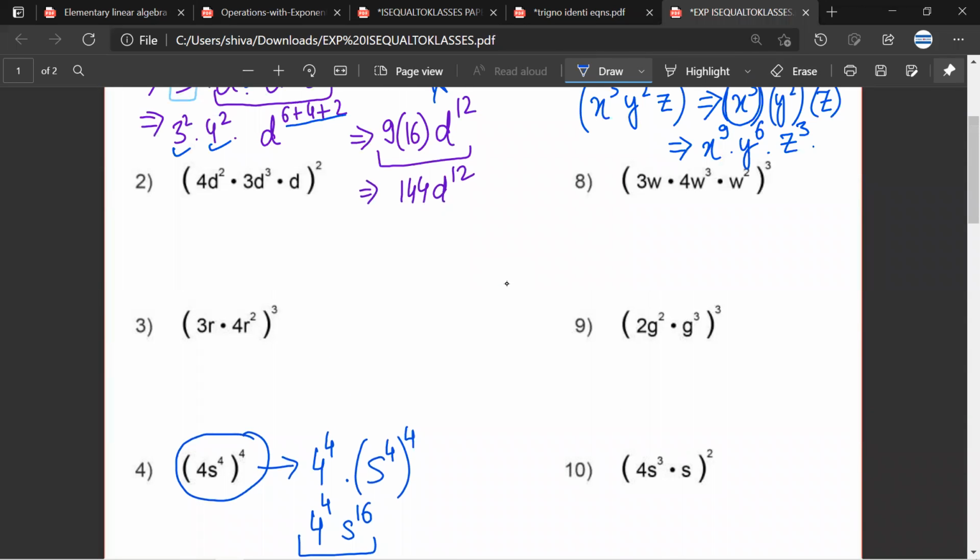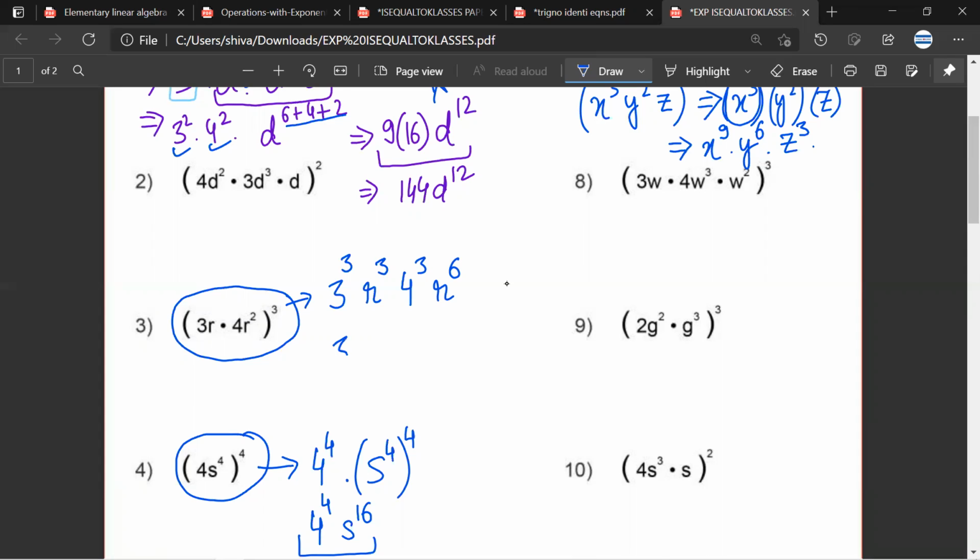Okay. Mr. Sarthak, third question. So we'll multiply 3 by 1 and then 1 and 1 and 2. So 3 raised to the power 2, 3 and then r raised to the power 3, 4 raised to the power 3 and r raised to the power 6.